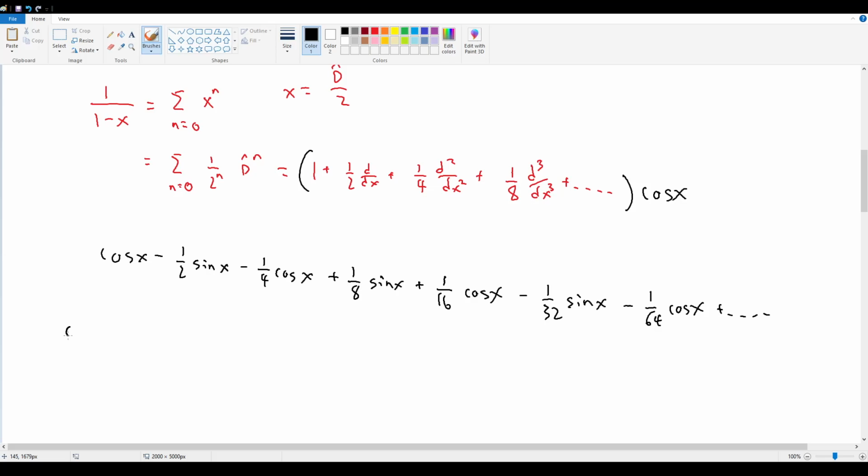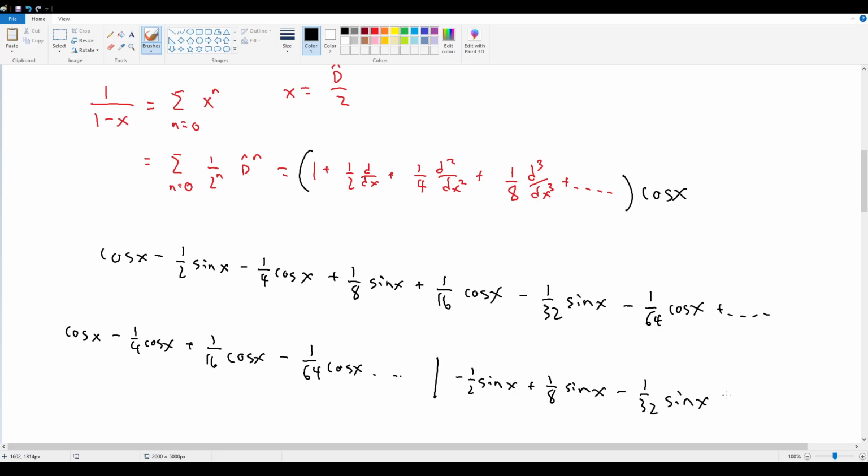So I have cosine x minus 1/4 cosine x plus 1 over 16 cosine x minus 1 over 64 cosine x, and so on. And then on the other hand, I have a sine form, which is negative 1/2 sine x plus 1/8 sine x minus 1 over 32 sine x, and so on.